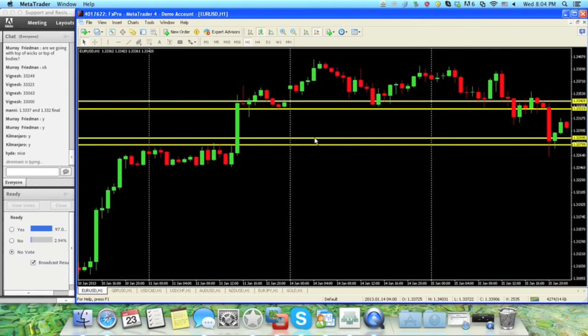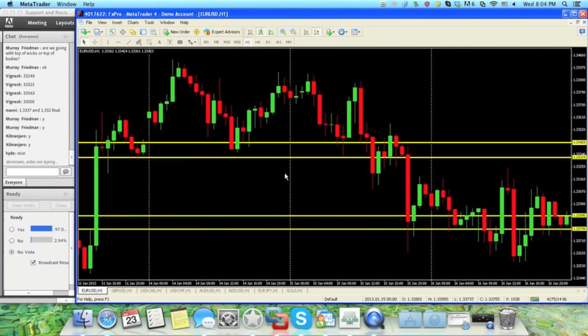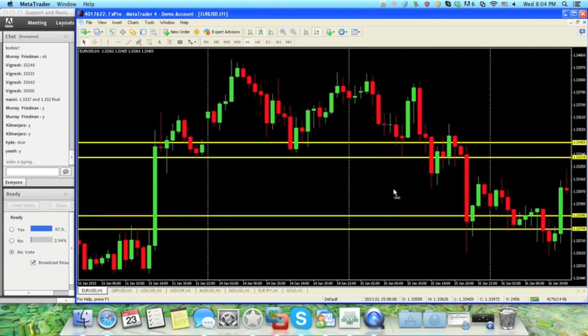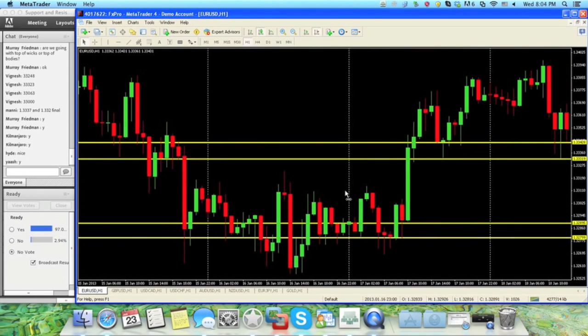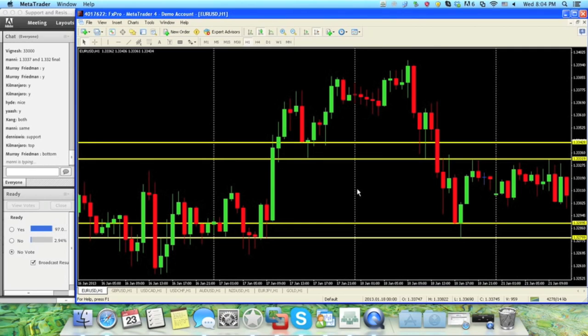So, we have these two areas that are strong. Okay, top one, possibly, because it's holding again and again and again. Which one is stronger? Okay, you guys are saying same, support, top.